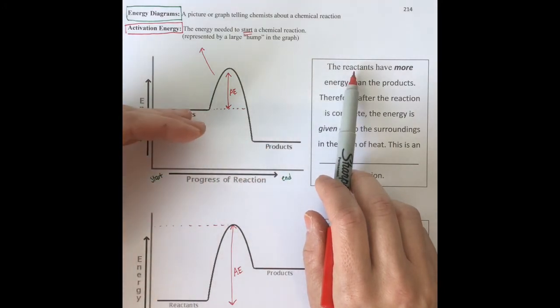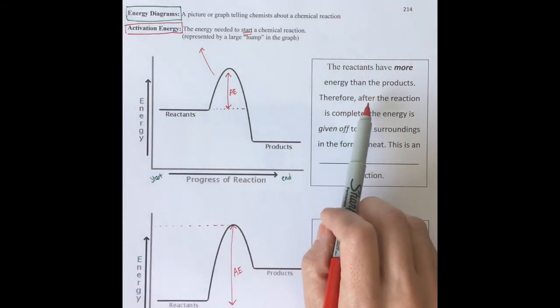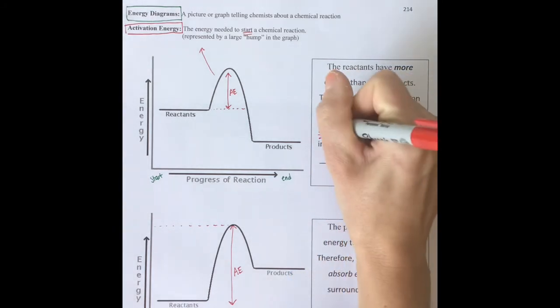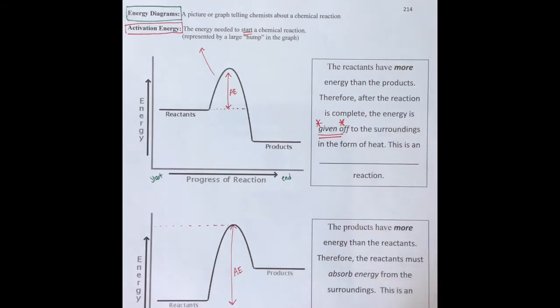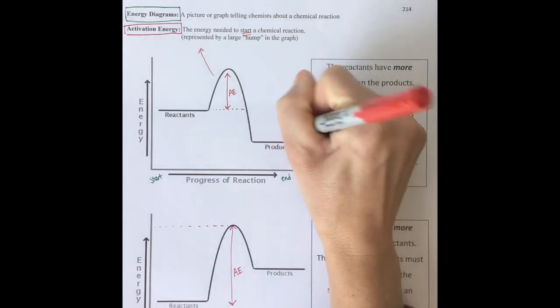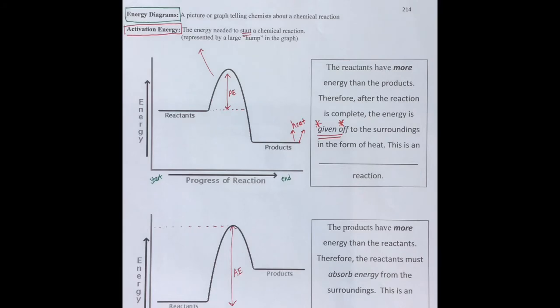The reactants start off at a higher energy than the products. So therefore, after the reaction is complete, energy is given off to the surroundings in the form of heat. Okay, so heat is given off after the reaction.